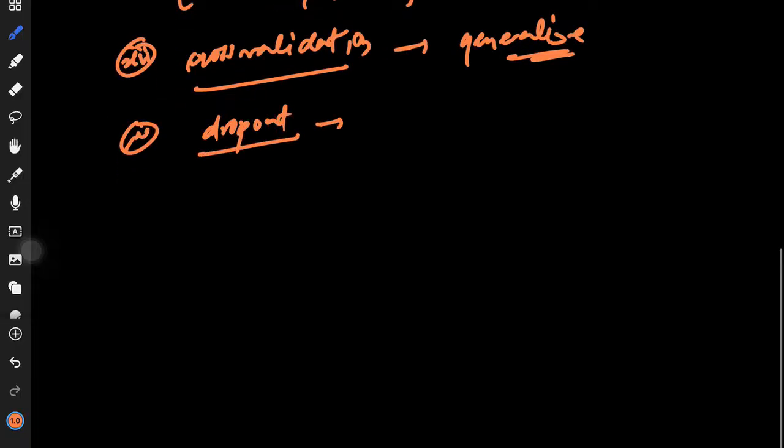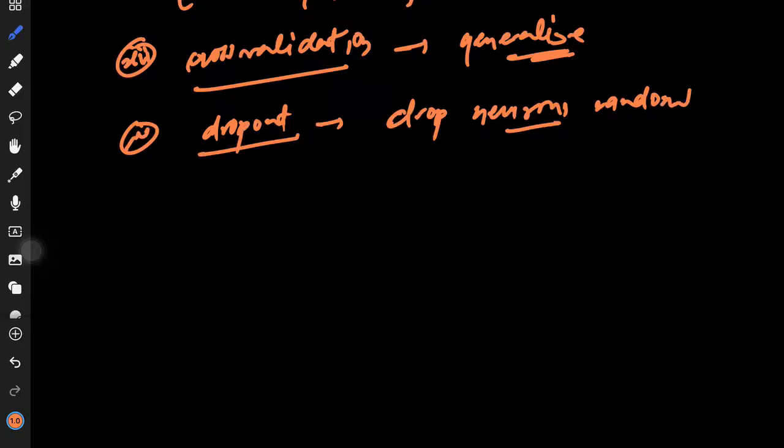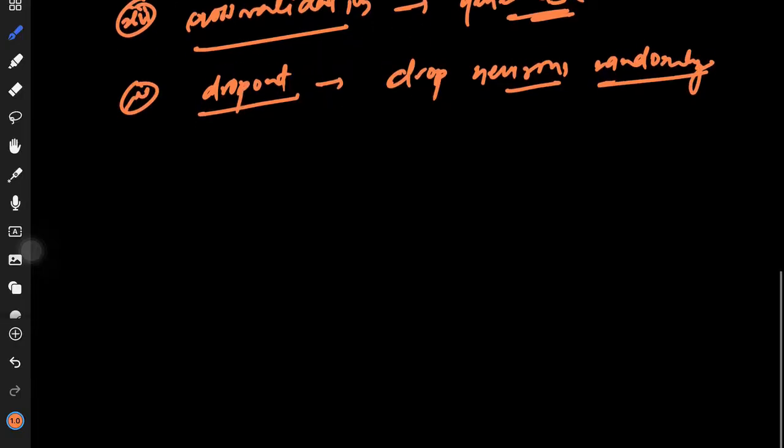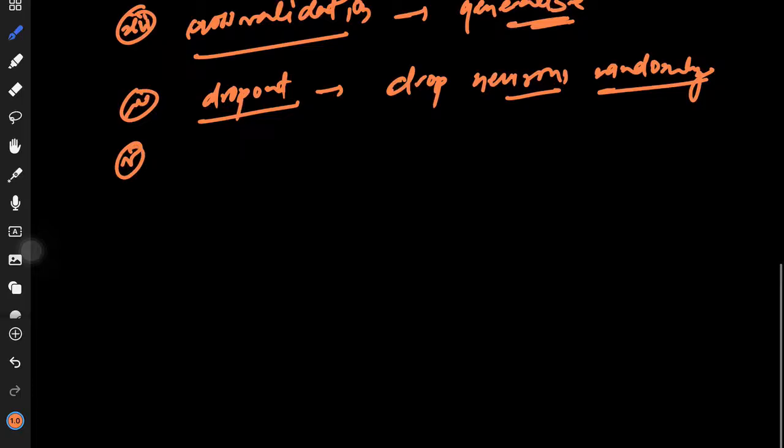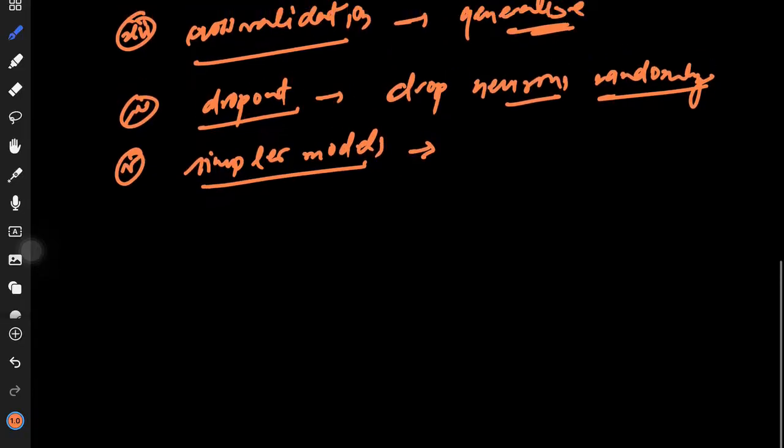Dropout is a technique used in deep learning where we drop neurons randomly, which helps us generalize our model. The fifth one is simpler models. These are 5 techniques we can use to reduce overfitting of the model.